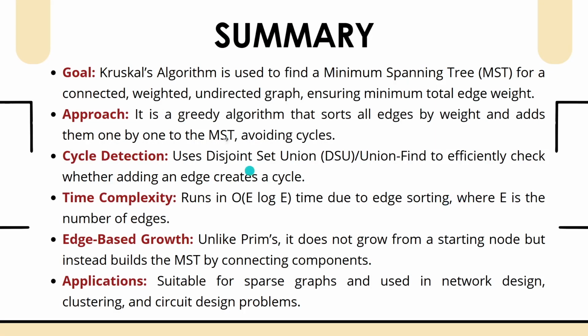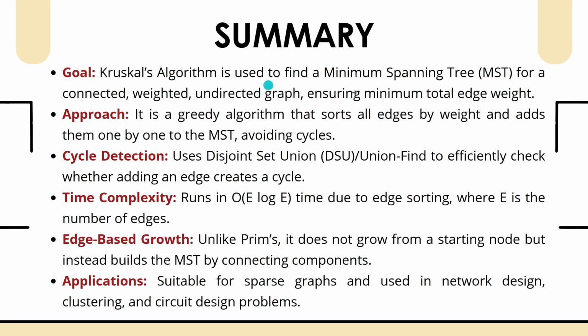So, to summarize what we have seen so far, Kruskal's algorithm can be used to find the minimal spanning tree given the graph is connected, weighted, and undirected. And when we say that it is a weighted graph, the weights should all be non-negative.